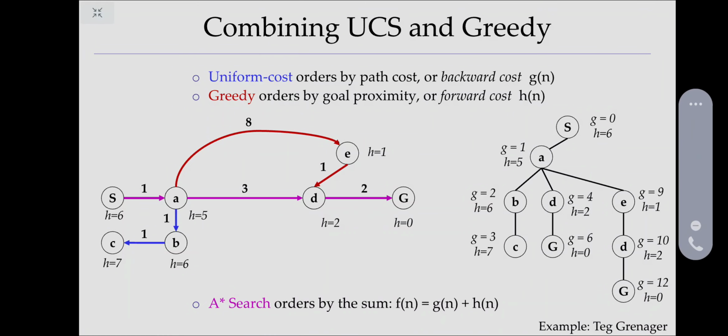Based on this important information, we can define a greedy algorithm based on the combination of backward cost and forward cost. As you remember, the backward cost is a real cost that can be calculated from a starting state to any node.